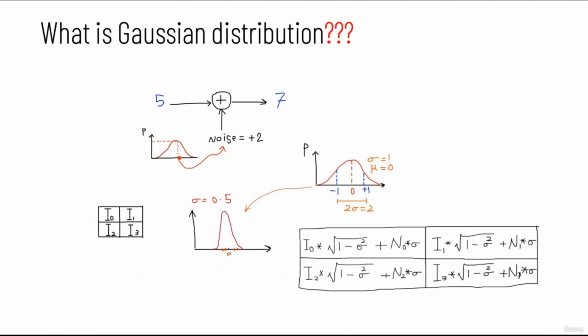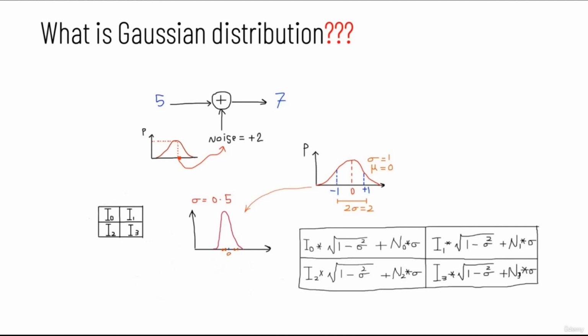Now, let's say that we have a very simple image which has 4 pixels. The value of pixel 0 is equal to I0, the value of pixel 1 is I1, the value of pixel 2 is I2, and the value of pixel 3 is I3. Now we will learn how to add a Gaussian noise to each one of these pixels.